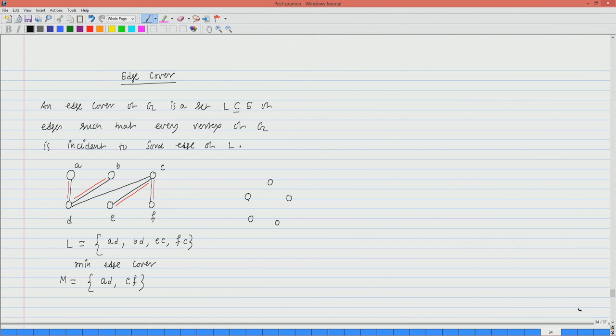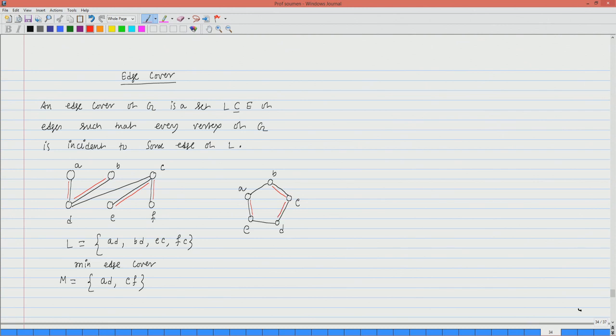That means a cycle of length 5, and I label them by A, B, C, D, E. For this one this could be an edge cover, but these two edges are not enough. See that D is not covered yet. So, I have to either add ED or I have to add CD.